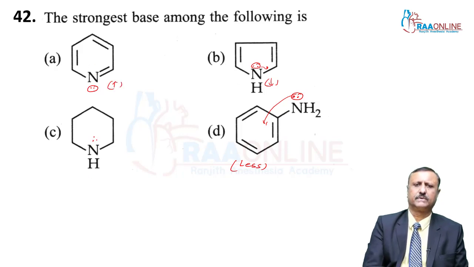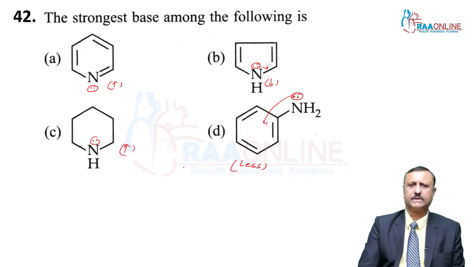Here the question is which is the strongest base among the following. B is less basic, so not B, it is less basic compared to the others, and you get the answer to 42.